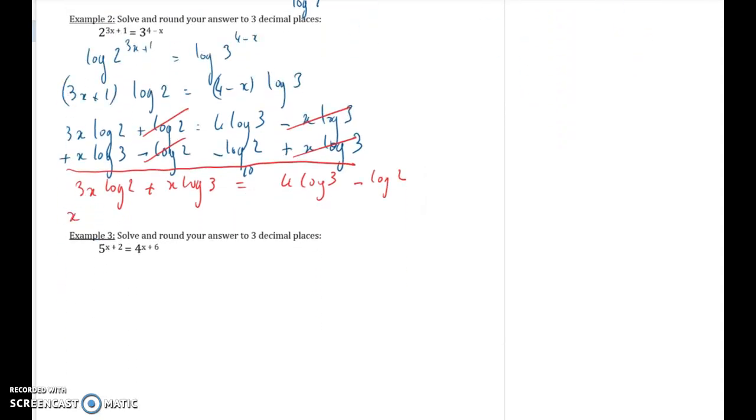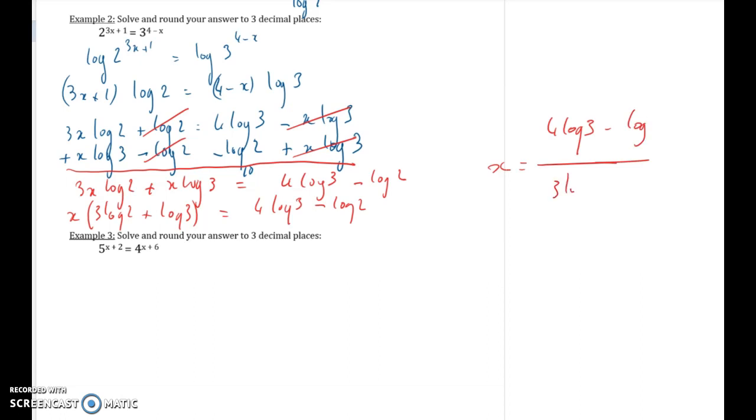I can factor x: x times (3 log base 10 of 2 plus log base 10 of 3) equals 4 log base 10 of 3 minus log base 10 of 2. Therefore, if I divide both sides by 3 log base 10 of 2 plus log base 10 of 3, I end up with x equals (4 log base 10 of 3 minus log base 10 of 2) divided by (3 log base 10 of 2 plus log base 10 of 3).